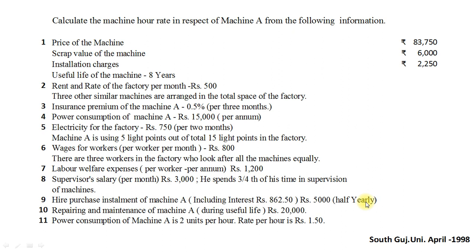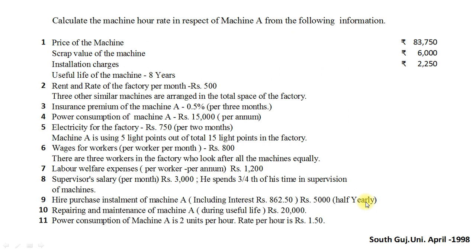So here we will consider only the interest portion of the installment, because payment of principal is a capital payment. It is not our expenditure. Principal payment is a capital expenditure. It is not our revenue expense. So interest will be considered. Principal amount will not be considered for overheads.